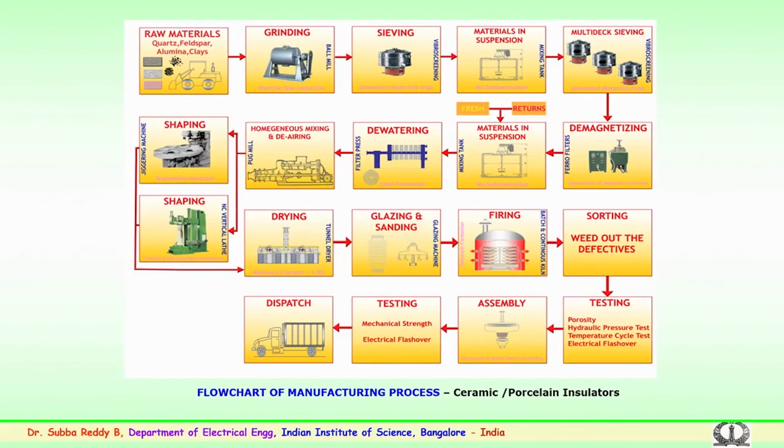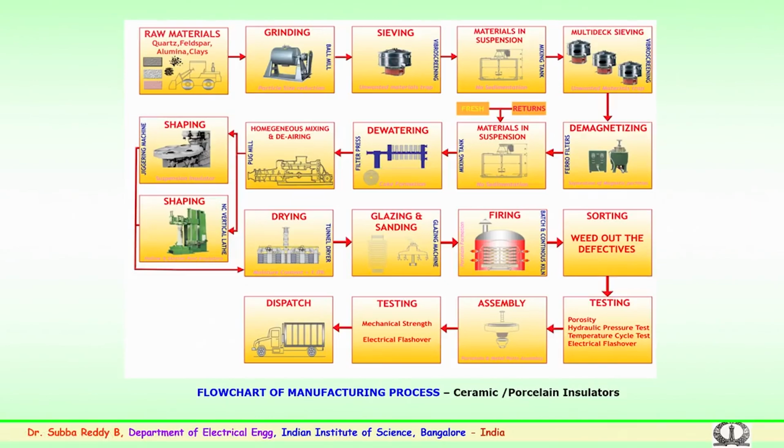As mentioned, there are two types of firing methods which have different zones, where heating, firing and cooling zones each have to spend a certain time, and by the time it comes out, the defective insulator samples are also removed by sorting.